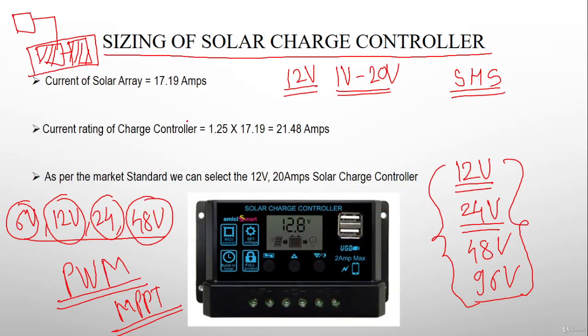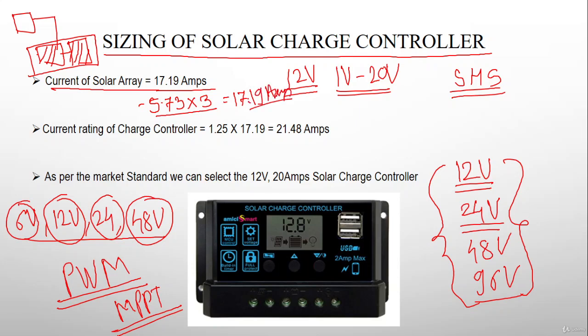Actually, there is a standard method to calculate the rating of the charge controller. Once we know the current that we are feeding to the solar charge controller, which is 17.19 ampere, that is, every panel has a 5.73 ampere current multiplied by 3 panels because of the parallel combination, we get a current of 17.19 ampere.